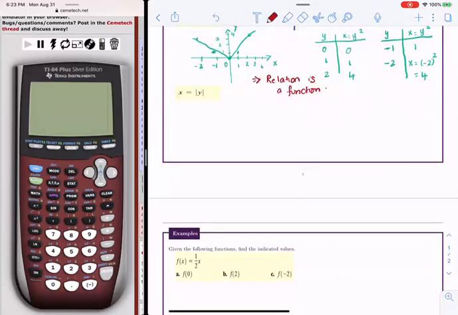The next problem, x is equal to the two vertical lines, which simply means an absolute value. We're trying to find the absolute value of y.